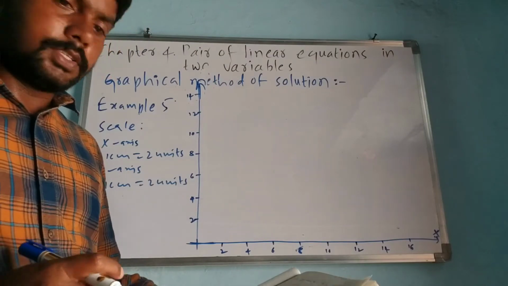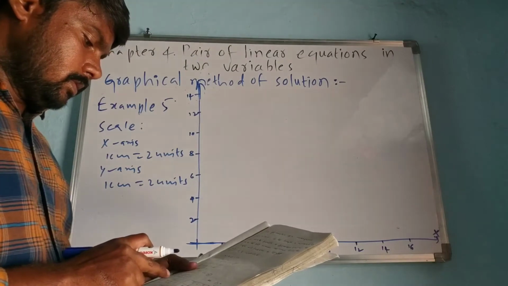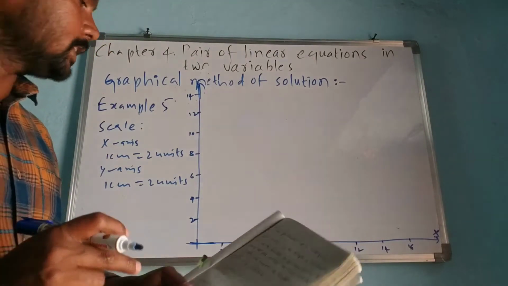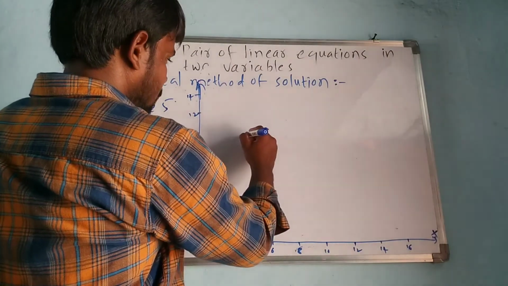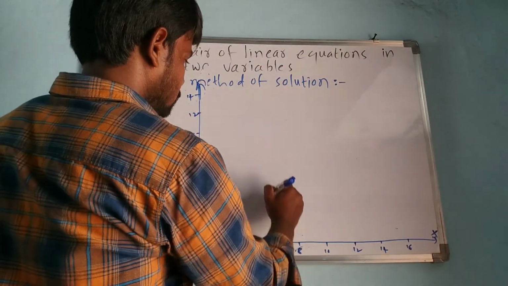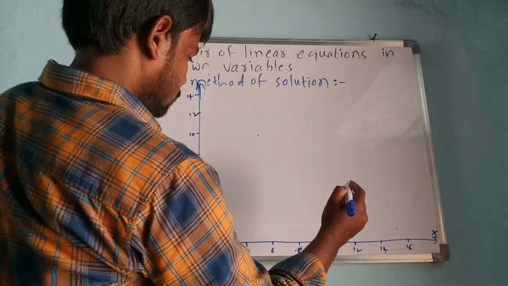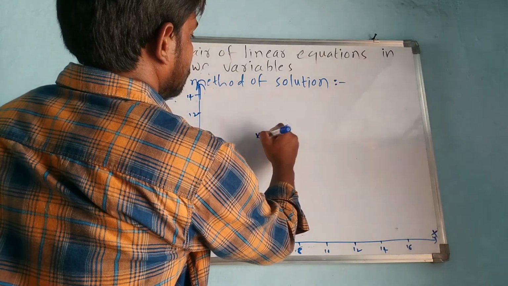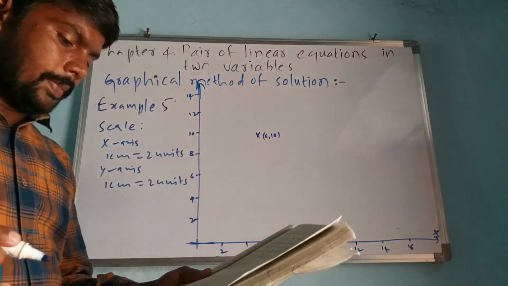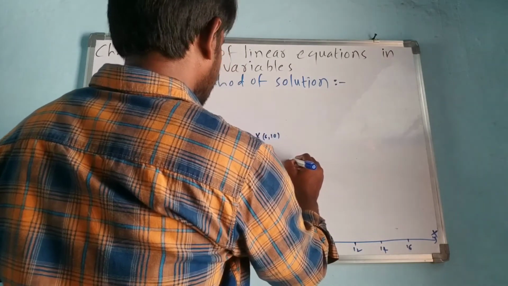let's plot the points. So plot the points for the first table: 6 comma 10. 6 is here, 10 is here. So this point is 6 comma 10. And then 8 comma 8. 8 comma 8 is here.